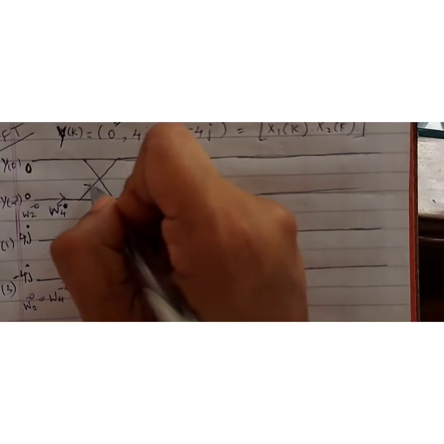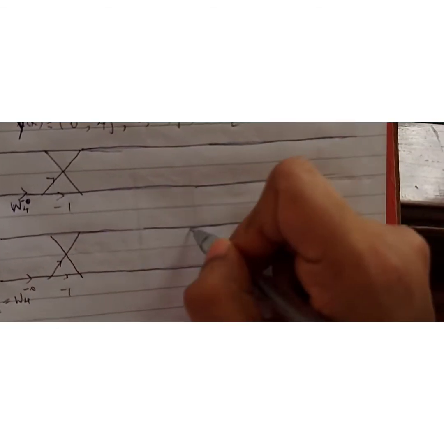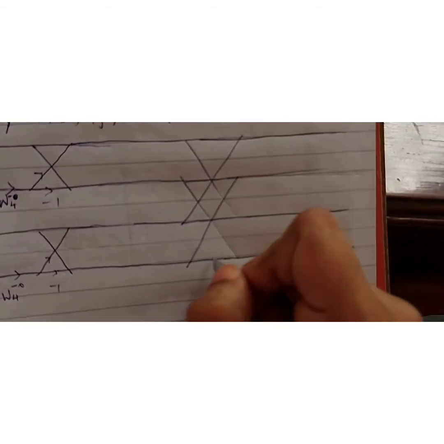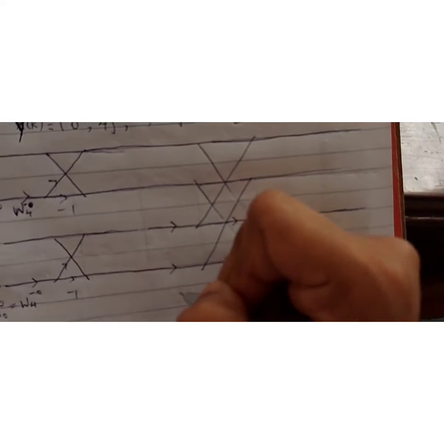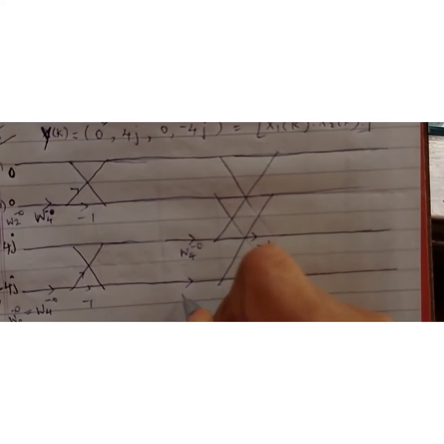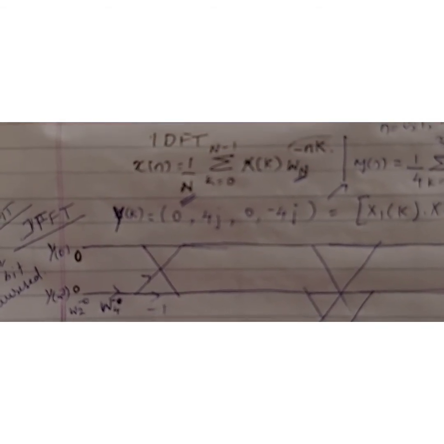Alright, so this is it. This is minus 1 as usual. And again here your 4-point butterfly structure with minus 1, minus 1. So here you should see that we have W4 power minus 0, W4 power, instead of plus 1, it will be minus 1. Is it clear? I hope it is clear.